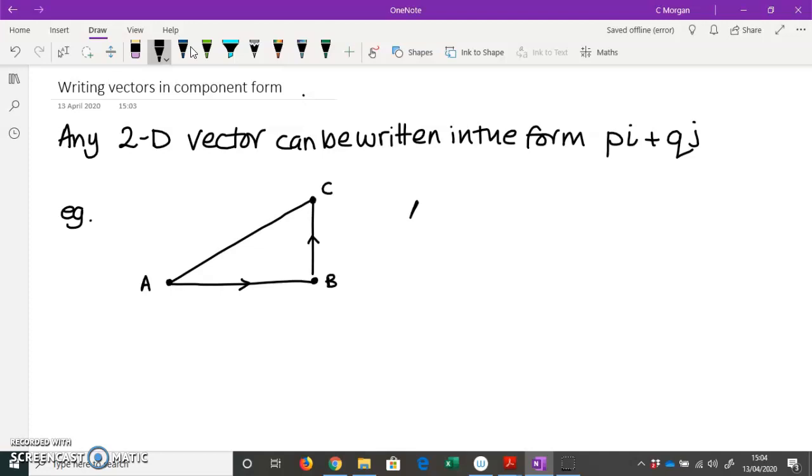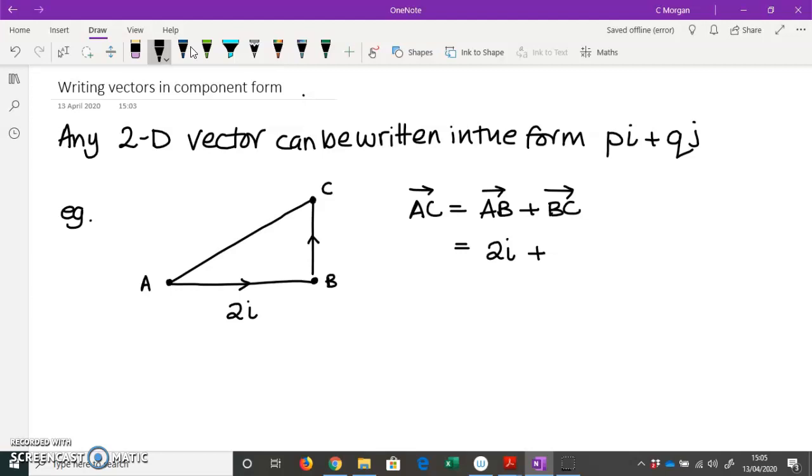If I wanted to write the vector A to C, I would have to go from A to B, and then I would have to go along B to C. Now, if I had the vector AB, which was, for example, 2 lots of i, then vector AC would be 2 lots of i, add whatever vector B to C was.